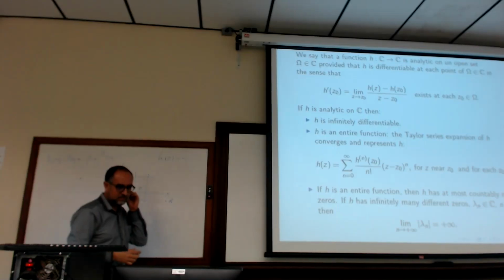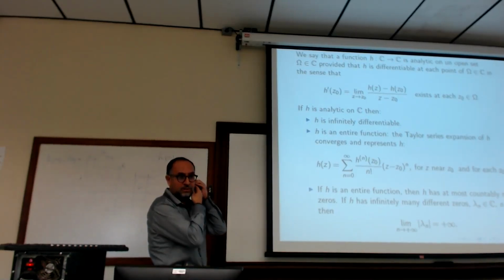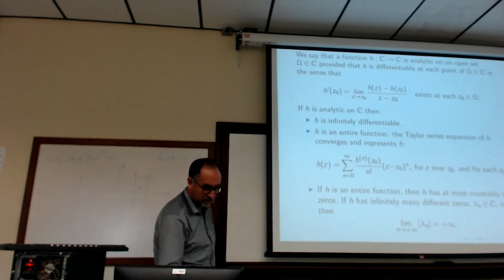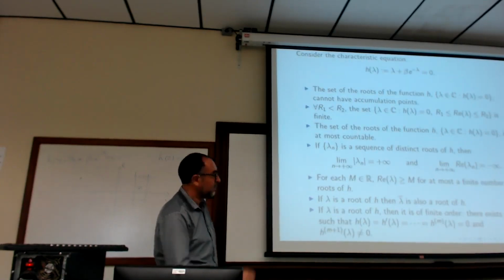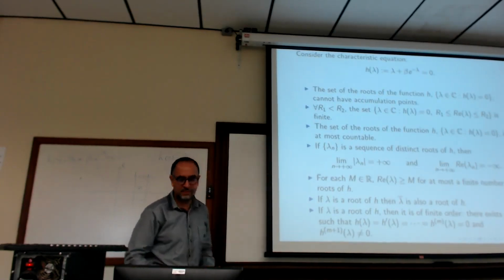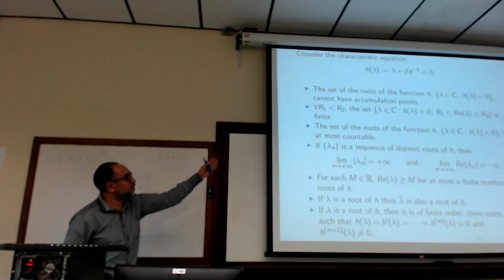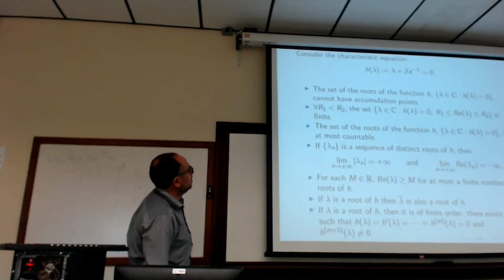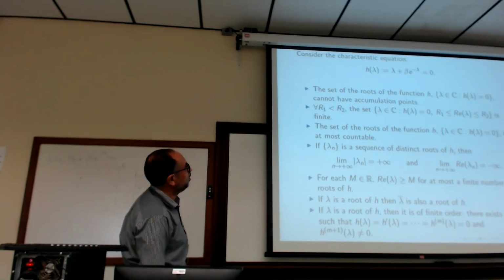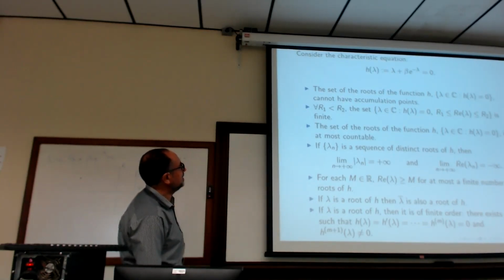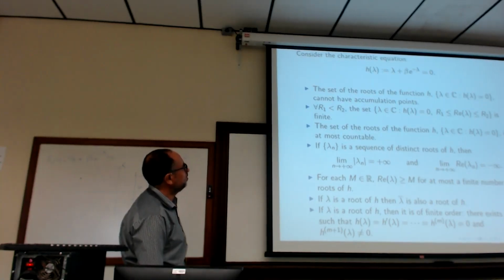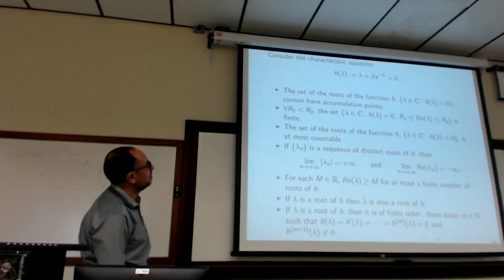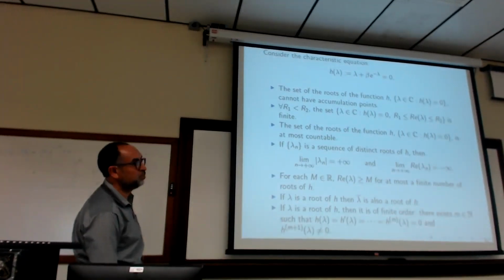Then it's important. And this is true for all delay differential systems. We have analyticity all the time. Then we conclude all this for this function, but it will be general. I will show you after. If we are looking for a complex lambda solution of this, the set of the roots of this function cannot have accumulation points.